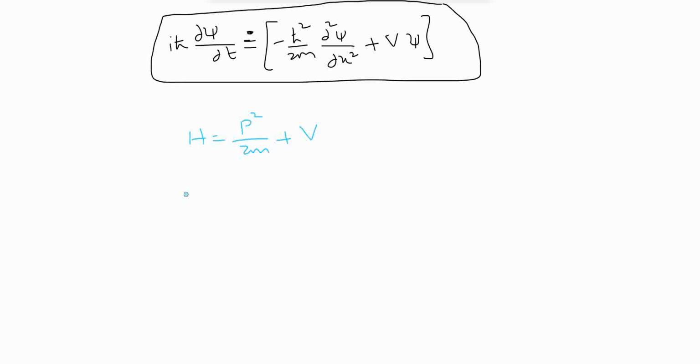So we can represent i h cross dou psi by dou t equals minus h cross square by 2m dou square by dou x square plus V, taking psi as common, and that is equal to Hamiltonian times psi. So here H is also an operator called the Hamiltonian operator.